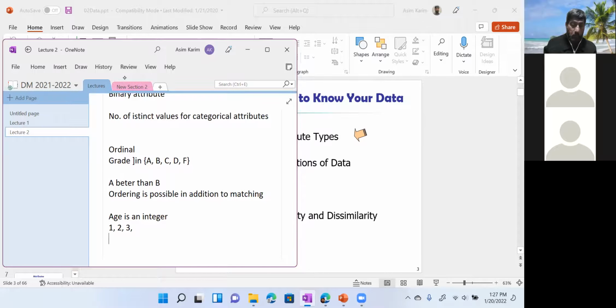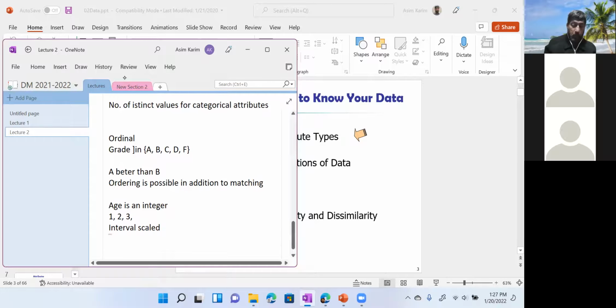Now let's go on to interval scaled. So interval scaled and ratio scaled, these are for sure numeric. They cannot be categorical. So they are going to be numbers.